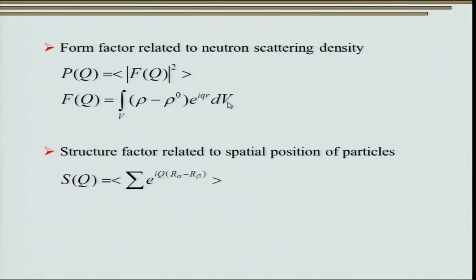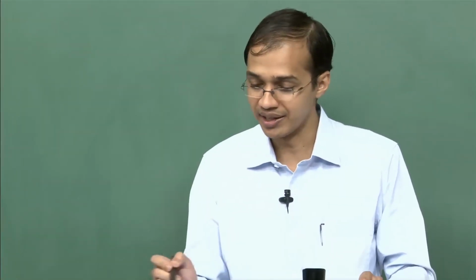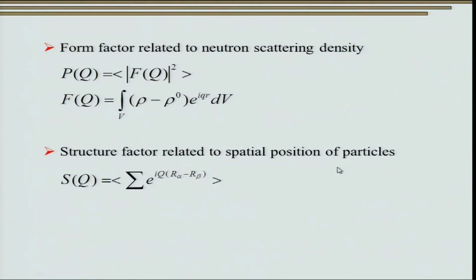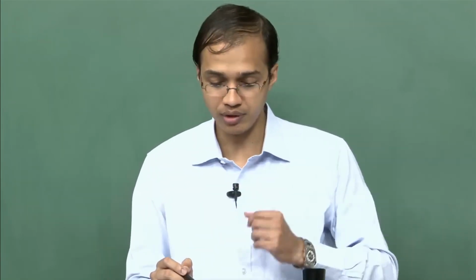Similarly, if you remember, the structure factor which we had calculated in small angle X-ray scattering remains the same when it comes to small angle neutron scattering, and it has to do with the spatial position of the particles. So, we have a form factor which depends on the size and shape of the particle, while the structure factor is dependent on the spatial position of the particles.